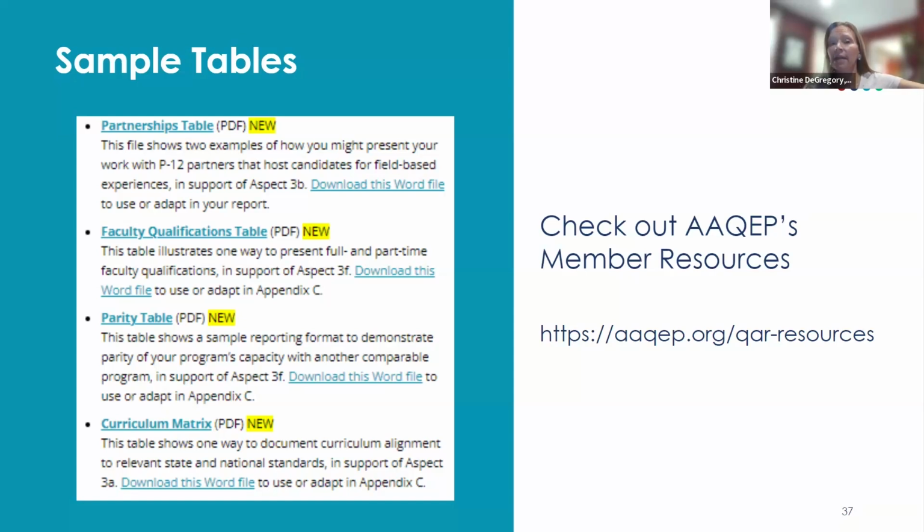And then, of course, the tables I shared with you today, the qualifications table for your faculty, your parity table, and the curriculum matrix, they're all Word versions online. So you can use them as is. You can adopt them and adapt them as it fits your program. They're just ways to give you some structure should you wish to take advantage of it or not. It's no judgment. They're just there as resources.